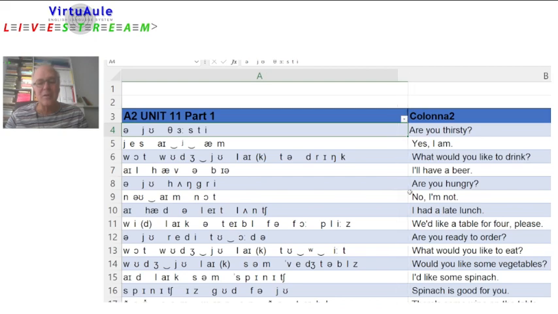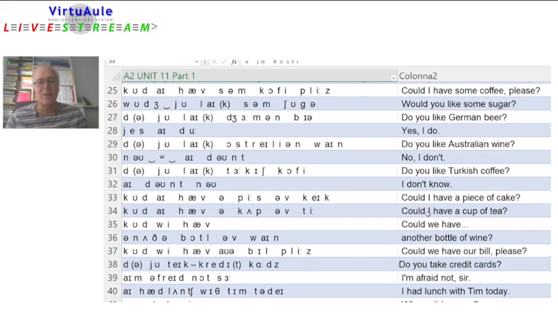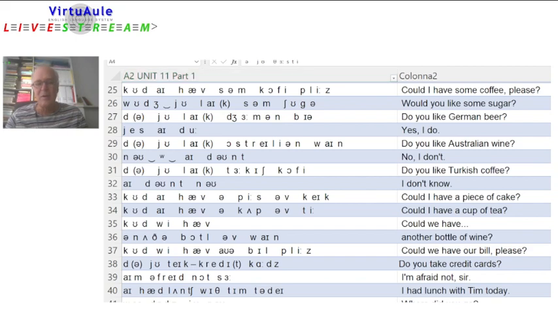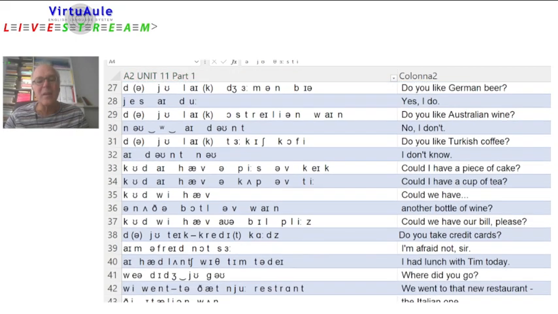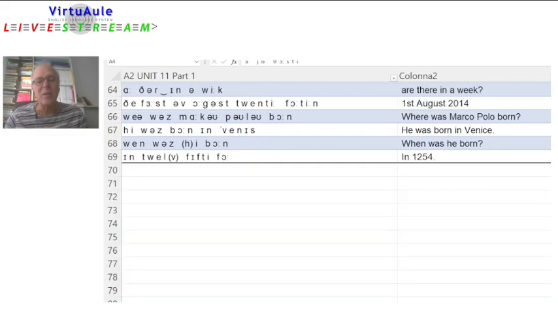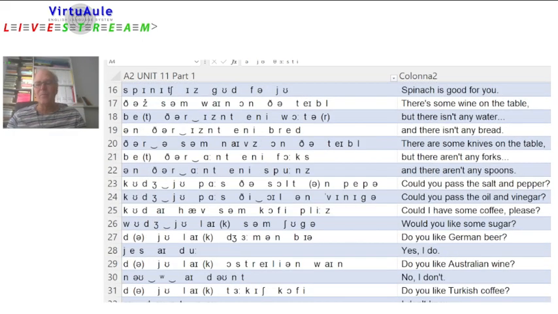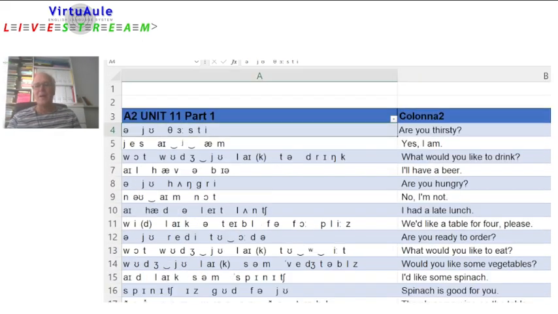Just a second, I want to make it a little bit better on the page. Okay, I think that's going to be better. So let's begin with the first one. We start with the phonetics. I will read this very slowly and you repeat.